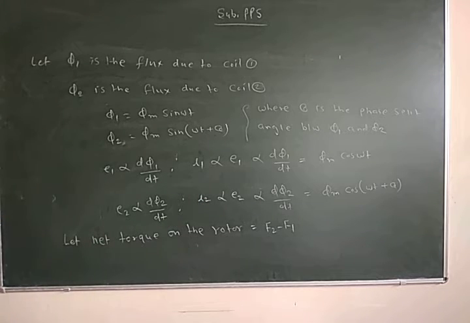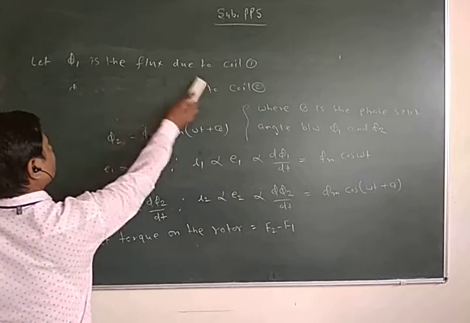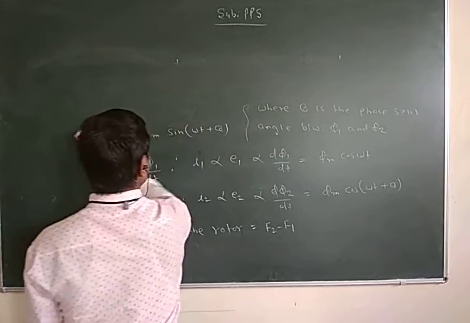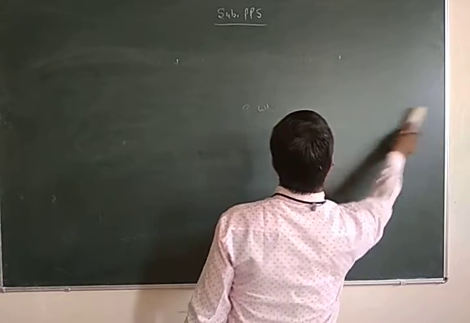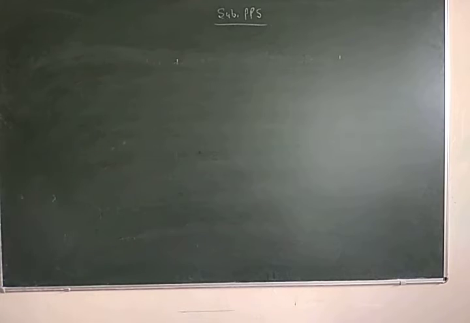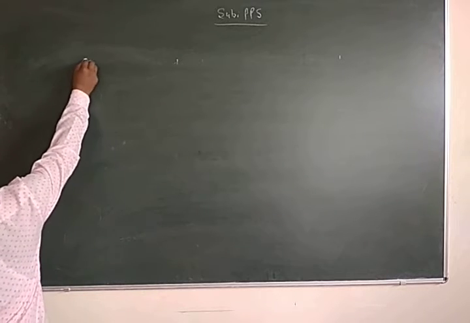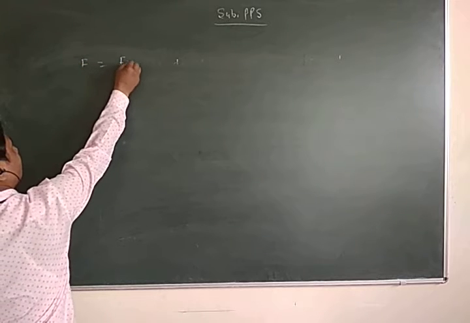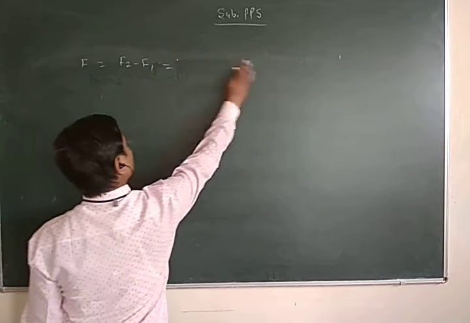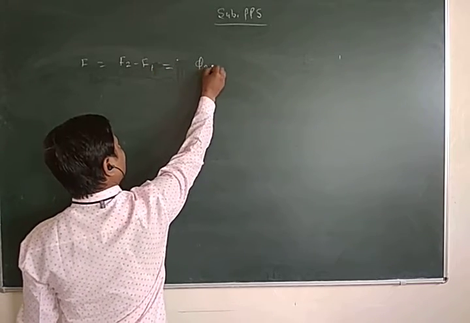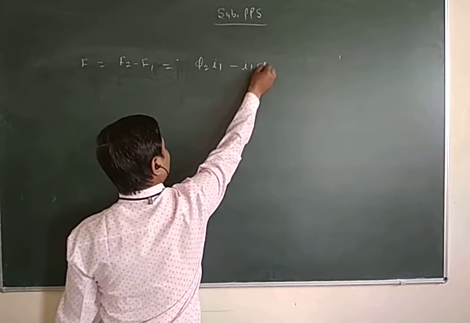So we can write the net force on the rotor is F2 minus F1, that is F is equal to Phi2 I1 minus Phi1 I2.